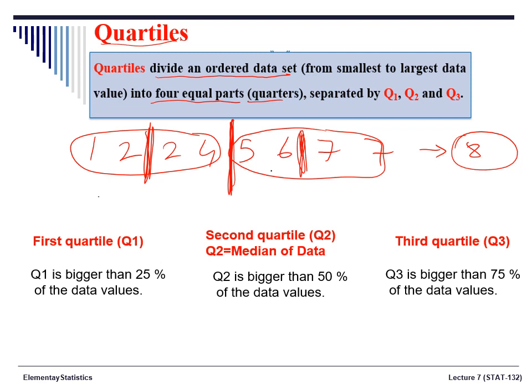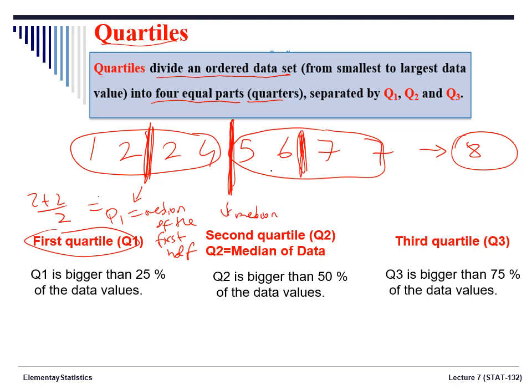So in this case, these are the separators, or we say the quartiles. And how do you find this one? This is the median of the first half, like 2 plus 2 over 2, the median of this part. And this is the median of the whole data, and we call this one Q2, the second quartile.